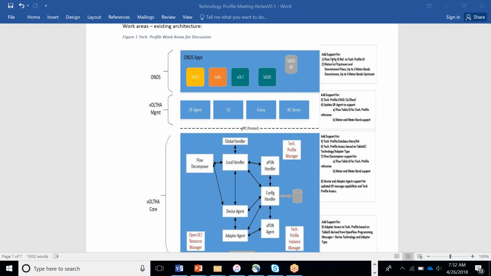For each layer in the picture, there are a couple of bullet points around things we may want to look at and address in terms of capabilities, and we walked through them and talked about potential implementation issues. We didn't really get to assigning who's working on what at this point, but that's still to be done.